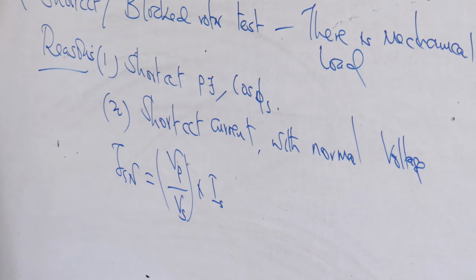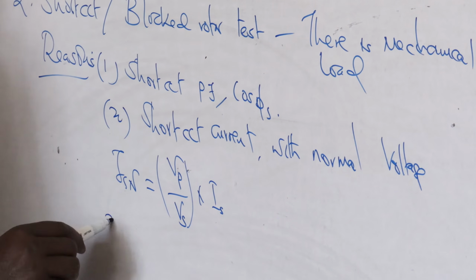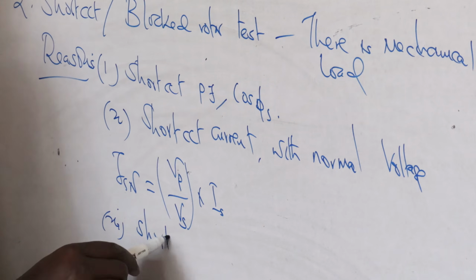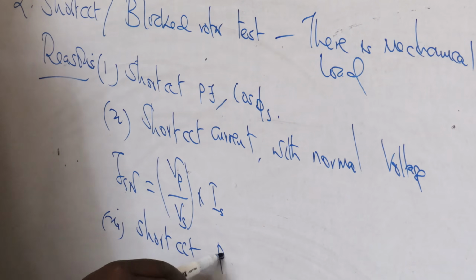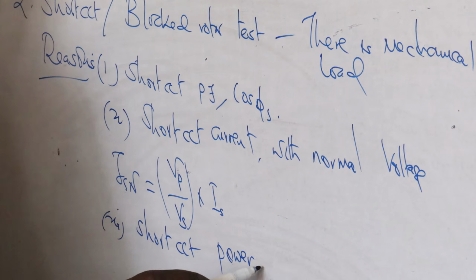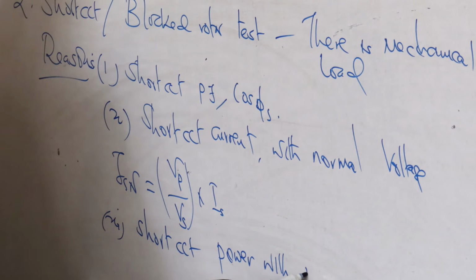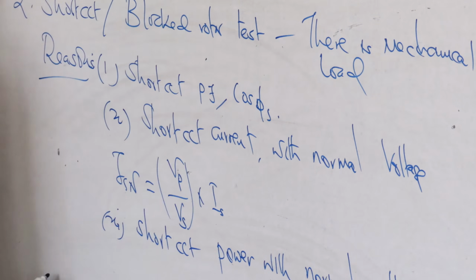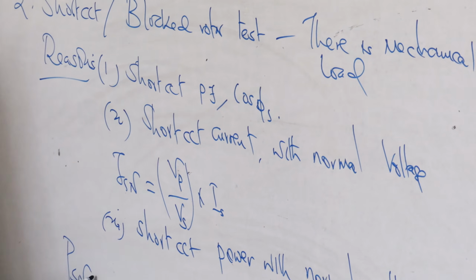And then number 3, we get what we call short circuit power with normal voltage, which we are calling PSN.